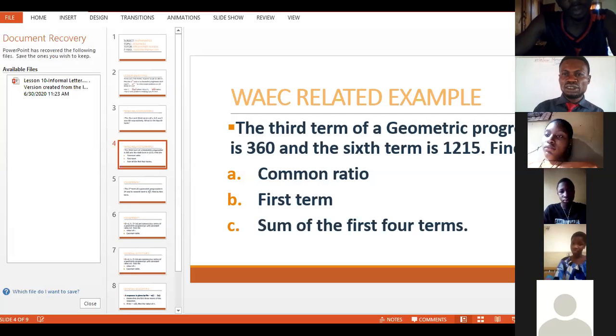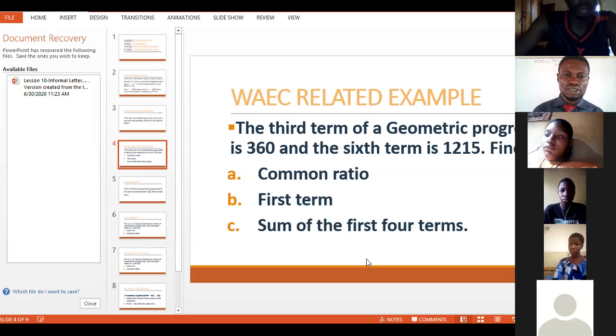So please, I need somebody to give me part of this work. Give me the common ratio, check your book. Give me the common ratio and the first term so that we can continue. Let's just find the sum of the first 4 terms of the sequence. We solved it last week, halfway.